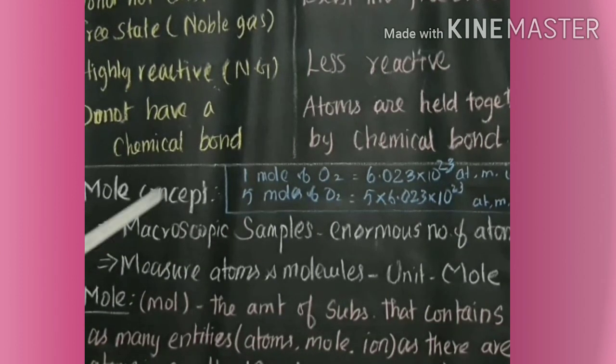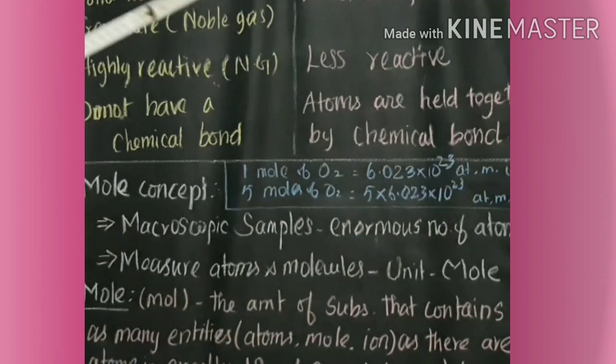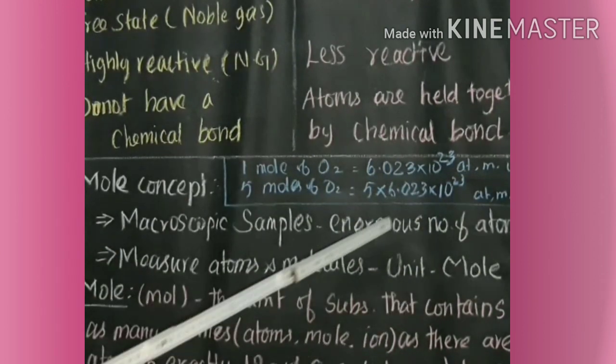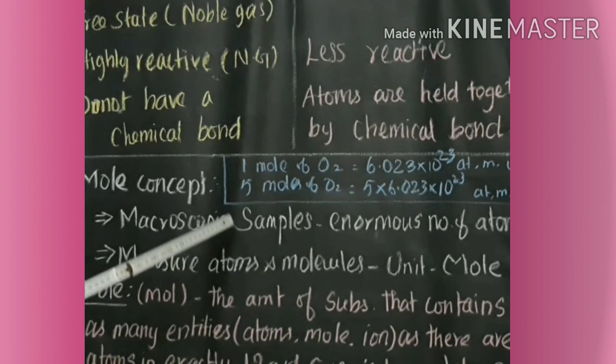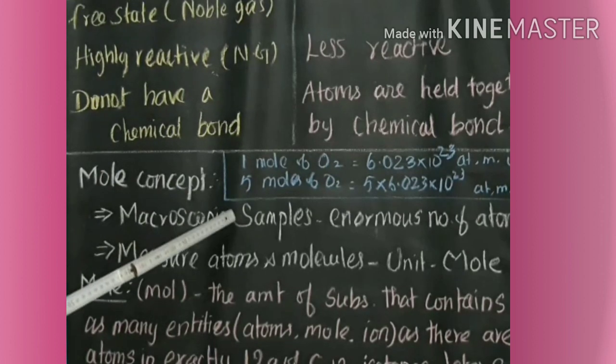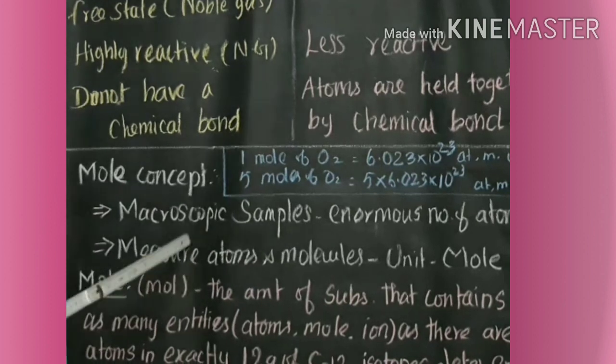In the case of macroscopic samples, if an enormous number of atoms or molecules are combined together, then it will be bigger in size, and we have to move on to another quantity to find the number of atoms or molecules in that sample.